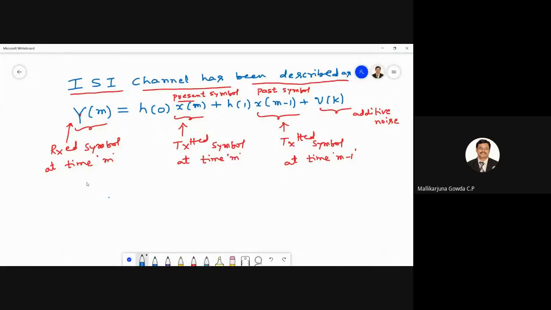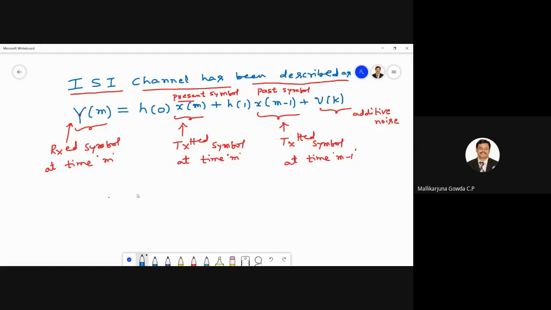Fine. Okay, now let me say how the OFDM overcomes this intersymbol interference, right? With low complexity. So to understand that, let me explain. Let me consider I wanted to transmit some 4 symbols. Just for understanding, I'm writing this one.